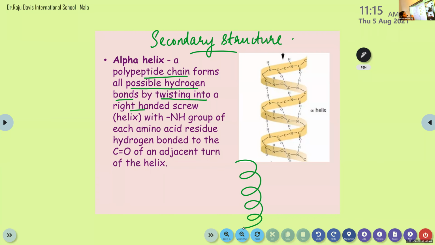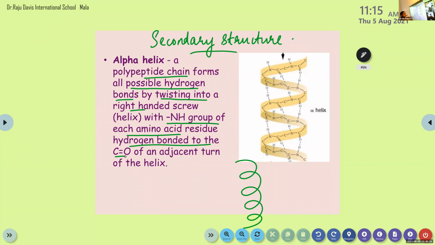We already learned that there is hydrogen bond in between these elements, right? So all possible hydrogen bonds by twisting into a right-handed screw. It looks like a screw, with NH group of each amino acid residue hydrogen bonded to CO of an adjacent turn of the helix.